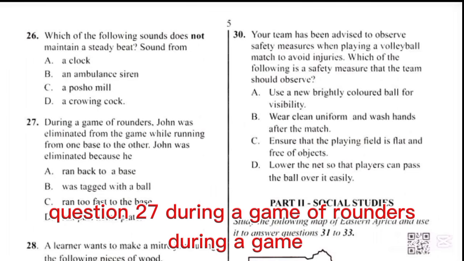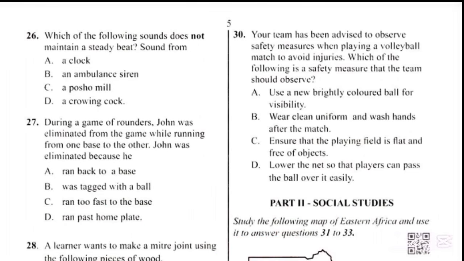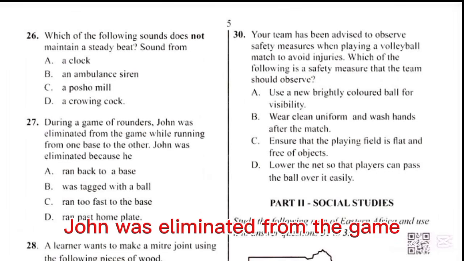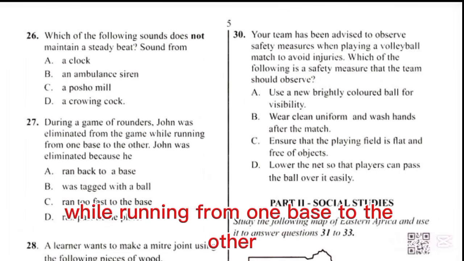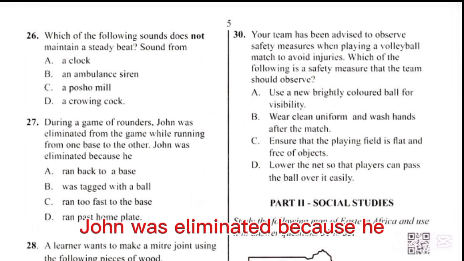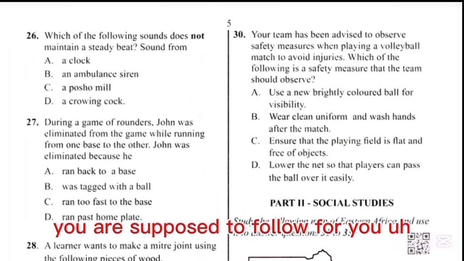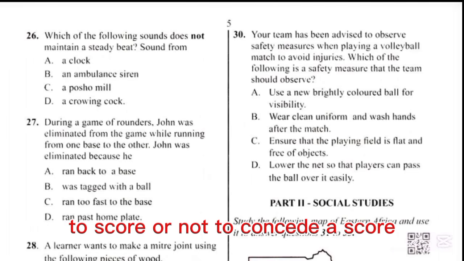Question 27. During a game of rounders, John was eliminated from the game while running from one base to the other. John was eliminated because the game of rounders has some rules that you are supposed to follow for you to score or not to concede a score.